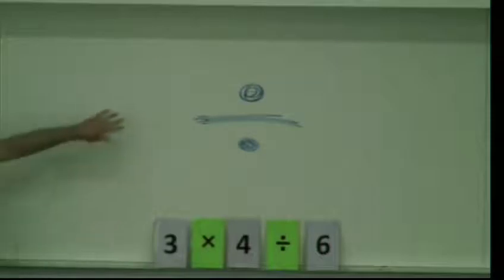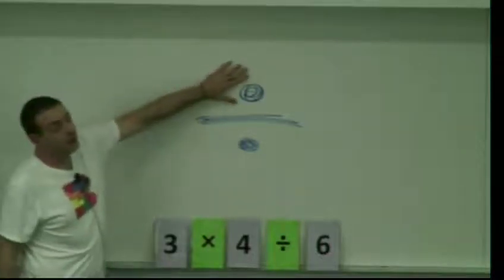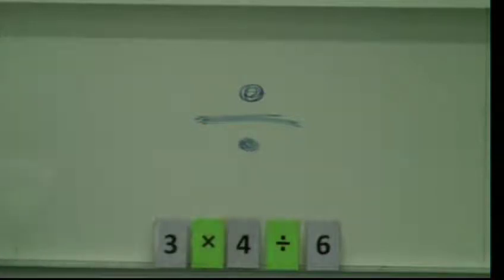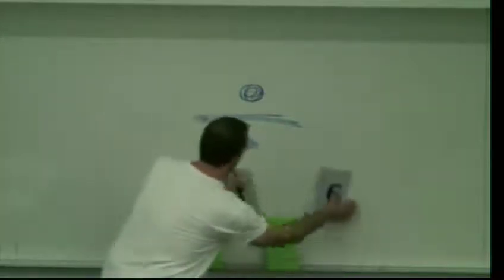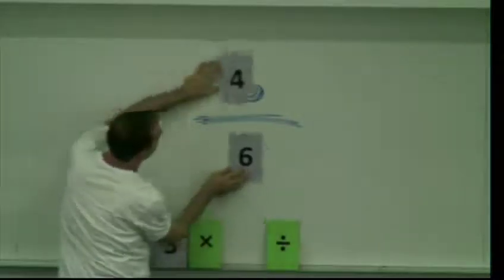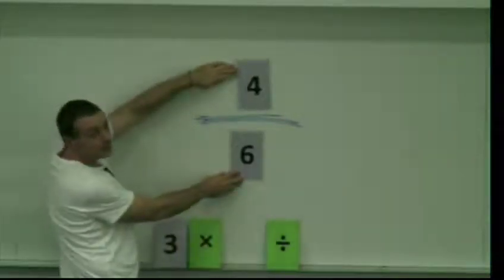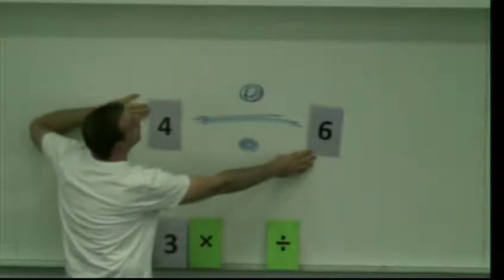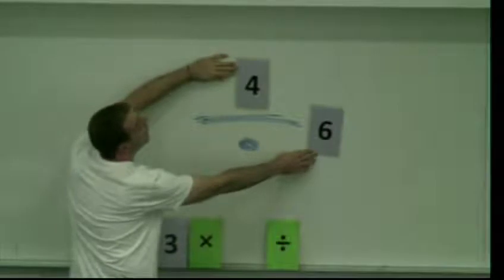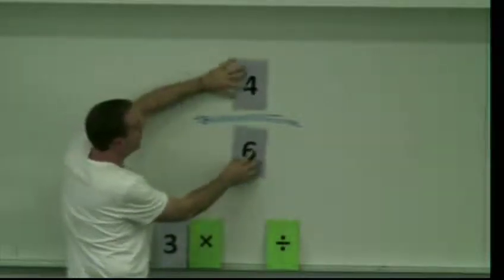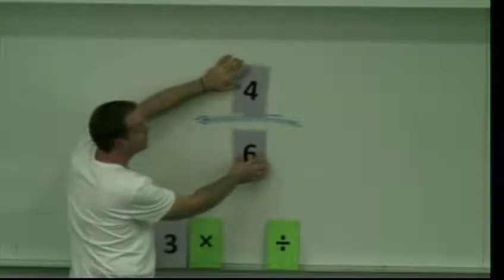This dot is representing a number that goes in this spot here, and this dot is representing a number that goes in this spot here. So when I write 4 divided by 6, I could think of it as 4/6. Okay, so the number before the division sign goes on the top, and the number after the division sign goes on the bottom. The division sign is a picture of a fraction.